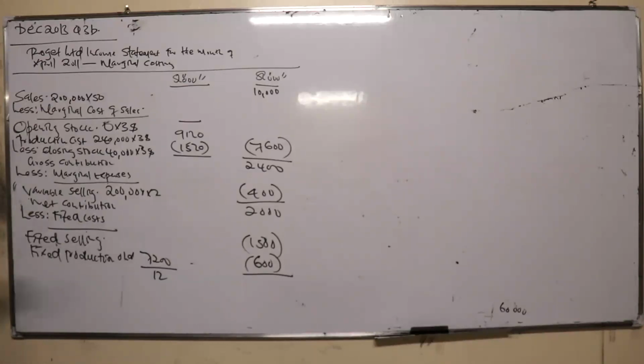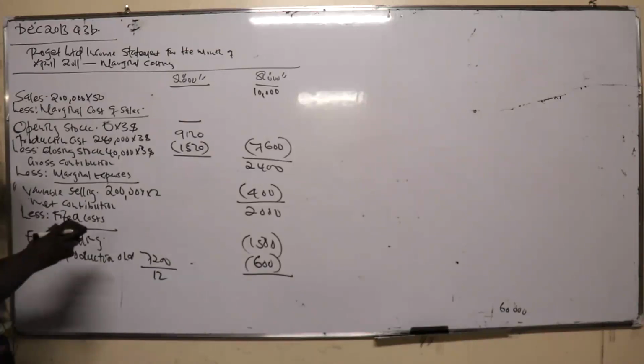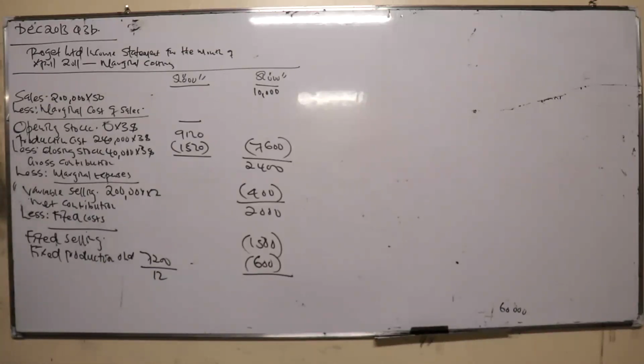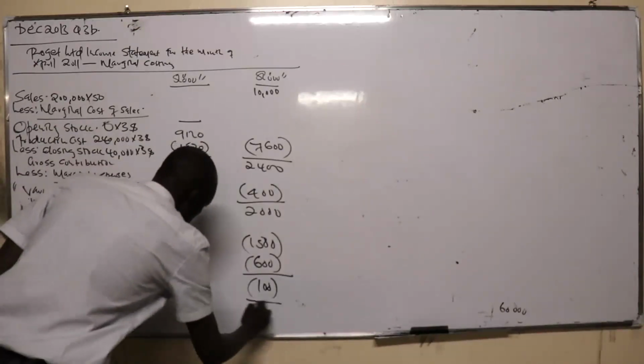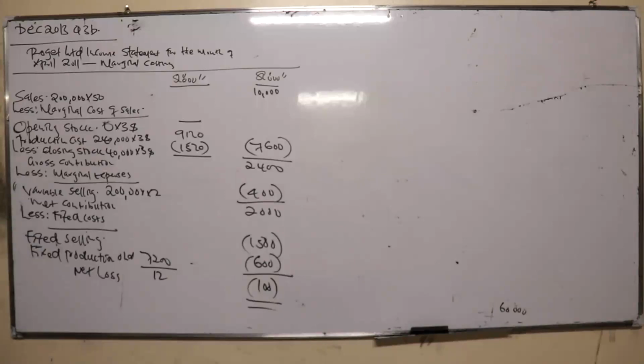So you only consider those ones that are for that month, which is you divide by 12. We don't have any other fixed expenses. You minus 1,500, and then you minus 600. So you get a net loss of 100 here. So that one will be there under marginal costing.